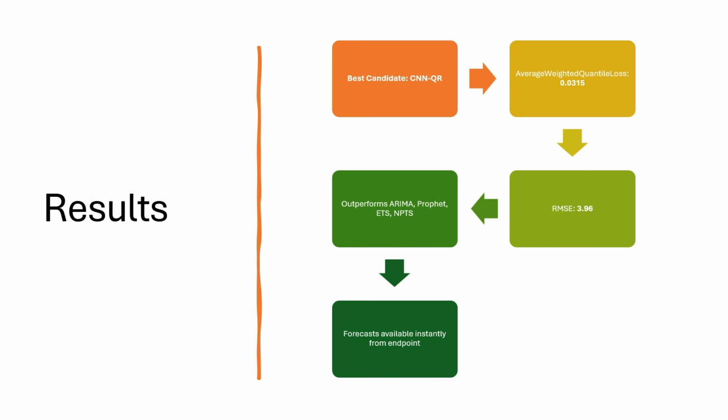In comparison to other models it considered, such as ARIMA, Prophet, etc., CNN-QR performed the best out of these. And then we are able to get the result instantly using the deployed endpoints which we have generated.